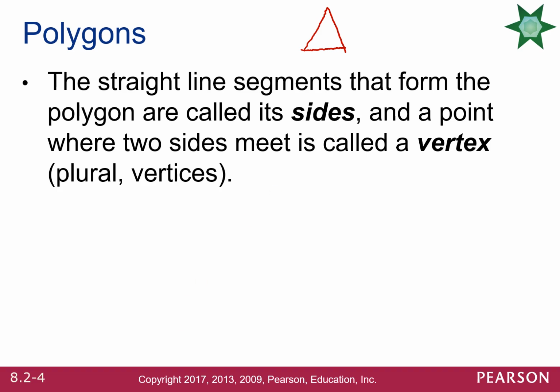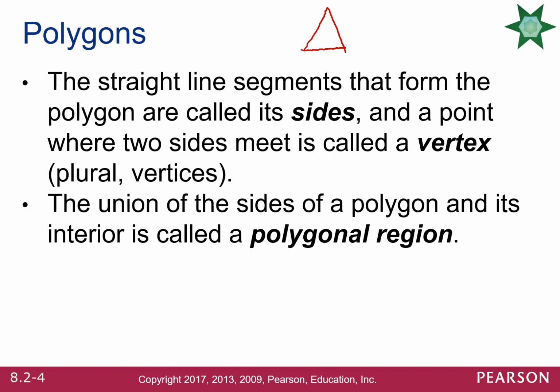All right, so the next is the union of the sides of a polygon and its interior is called the polygonal region. That means that the area that this figure binds, these three lines, the area that it bounds, including the lines, that region is called the polygonal region.